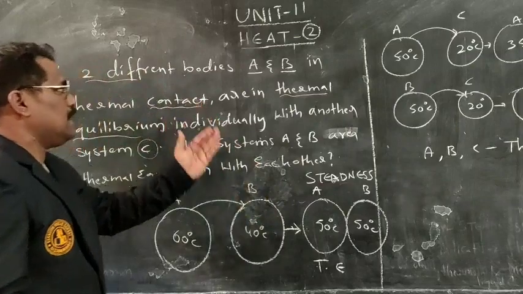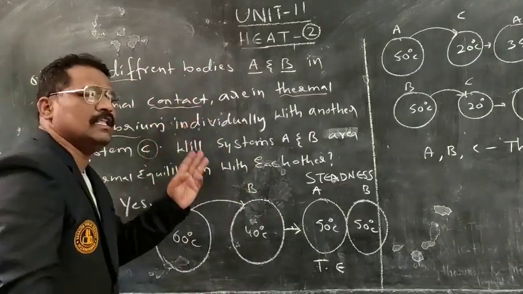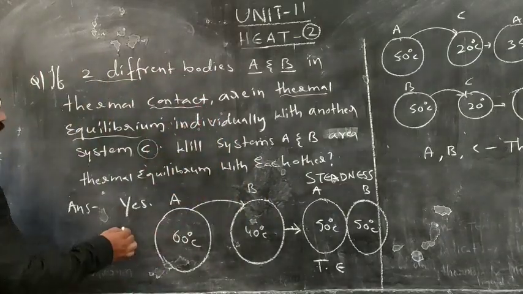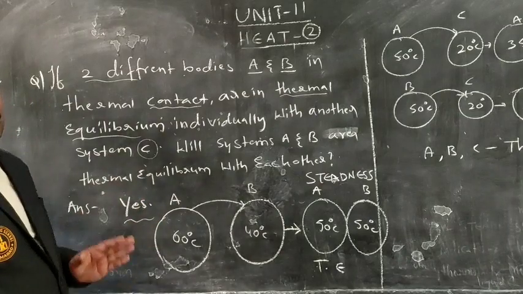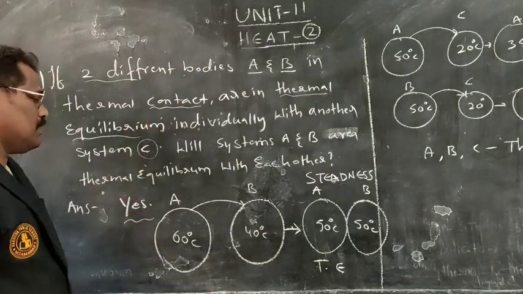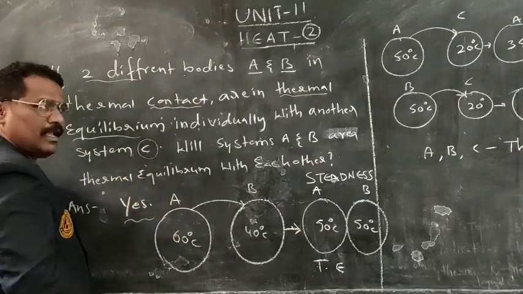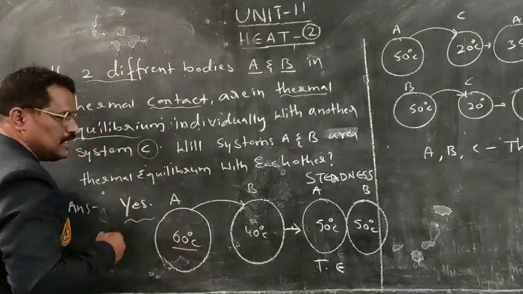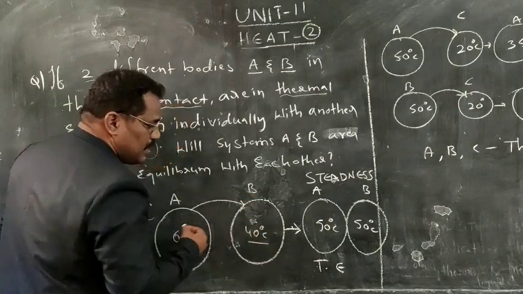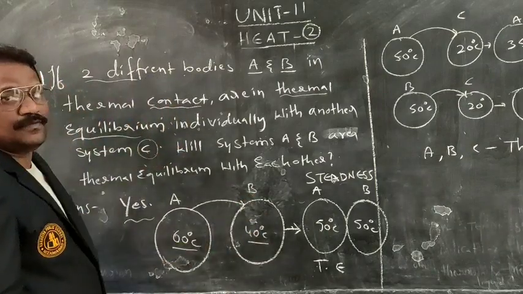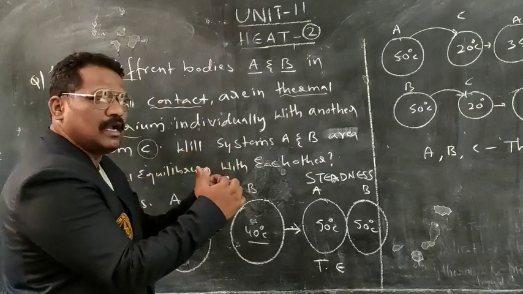The main thing is what? Yes, A, B as well as C, all three bodies will be in thermal equilibrium. The answer is yes. How? Let me explain. I have taken a body A whose temperature is 60 degrees centigrade, and another body B whose temperature is 40 degrees centigrade. I made them thermally in contact with each other.